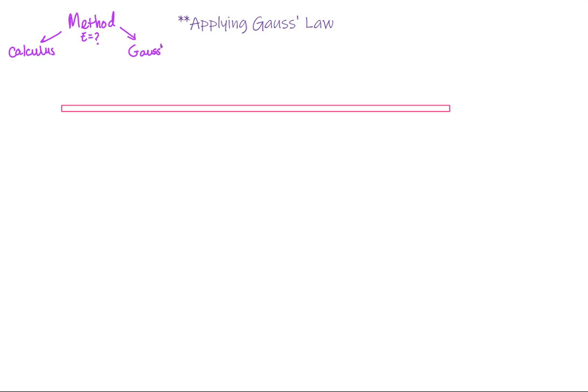And so this method isn't always the best choice, and when it's not, we use Gauss's law. Now Gauss's law is also a calculus method, but because of its ingenuity in how it looks at a situation, it actually makes the calculus part a lot easier to solve. But there are some very important steps in setting it up so that it can actually do what you want it to do.